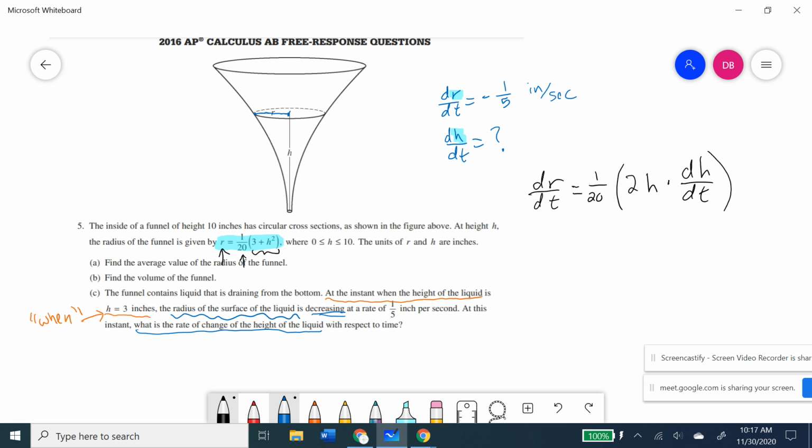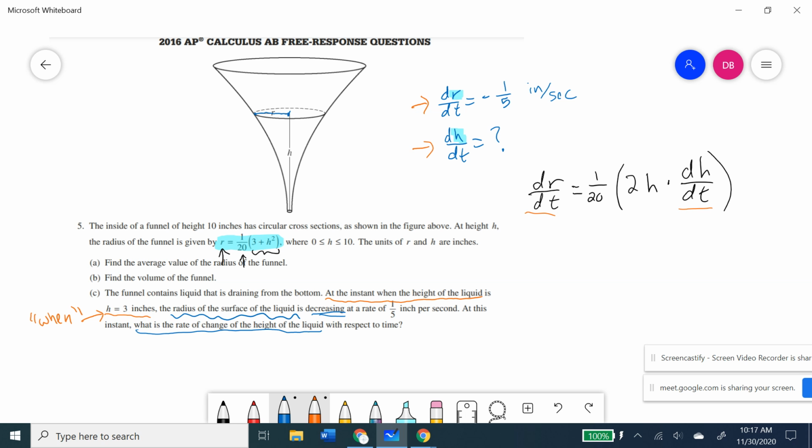And when you think you are done with your implicit differentiation, double check that both of these rates of change came out. Often I'll see people's tests and they don't have all the rates of change involved.